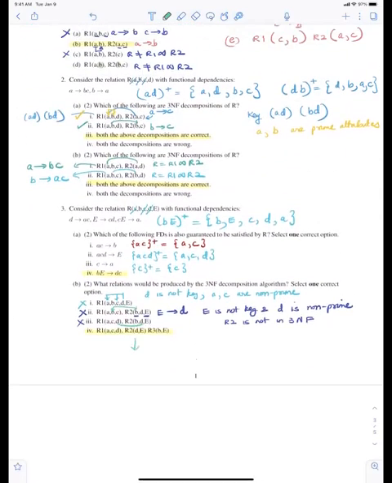So we have R2, where you have the functional dependency E goes to D. So that would leave you with the table. Once you pull that functional dependency out, you have a table A, B, C, and E. So you have the table R dash is equal to A, B, C, E.